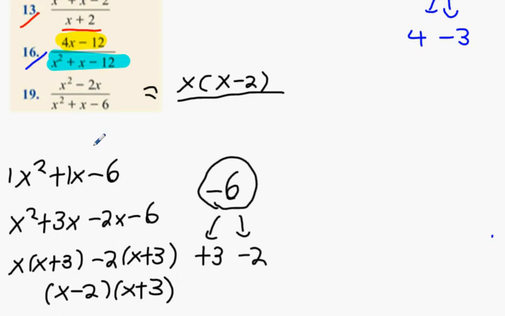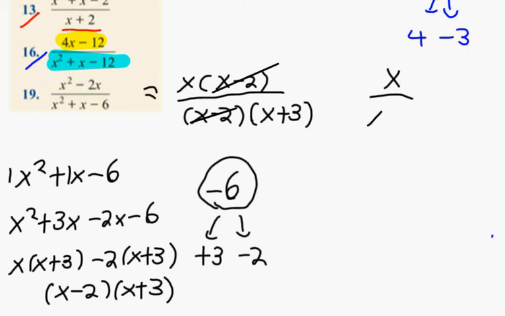Underneath. And then what happens? Then what? Cancel the x minus 2s. What happens then? And what's my answer? x over x plus 3.